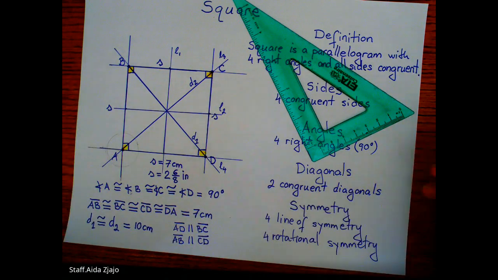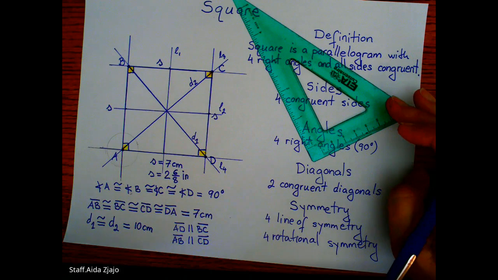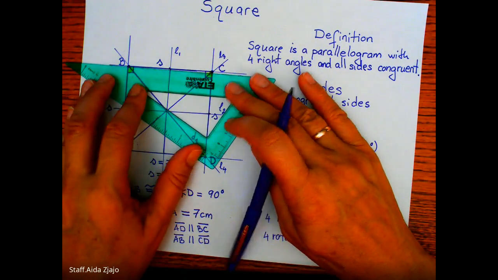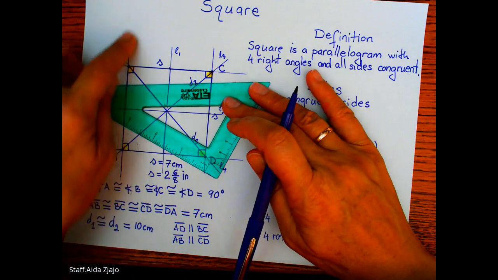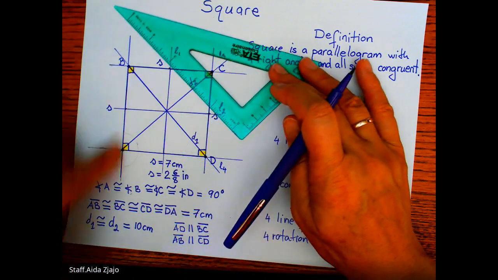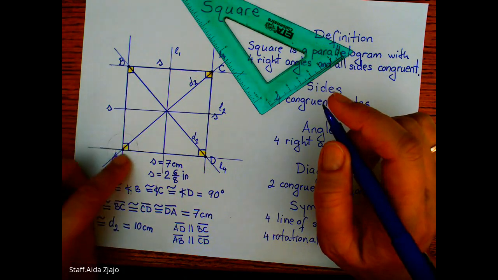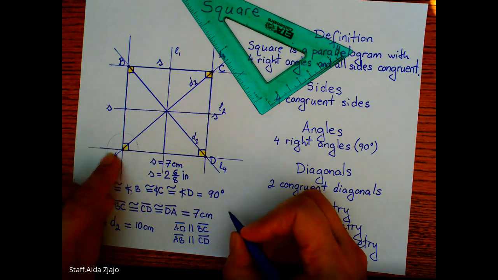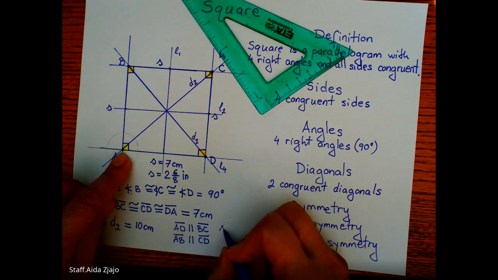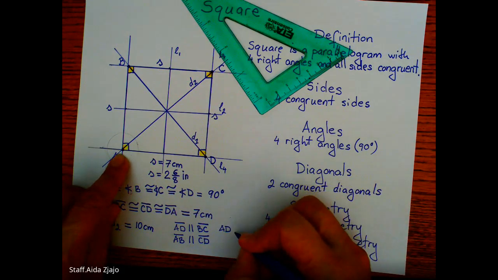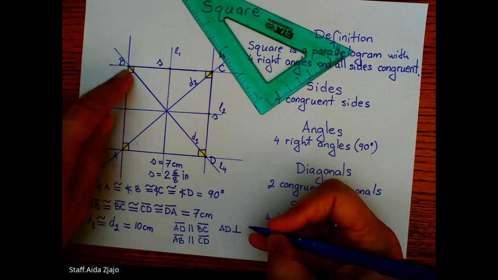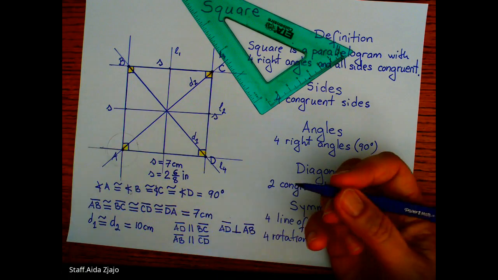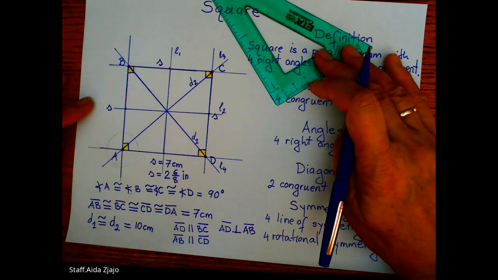Okay. We also can explore perpendicularity. If we extend the lines, this line segment BC is perpendicular to BA, or AB is perpendicular to AD line segment. So AD line segment is perpendicular to AB line segment. We can look all around.